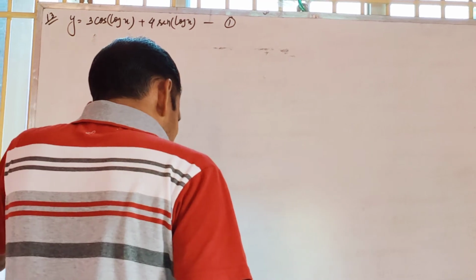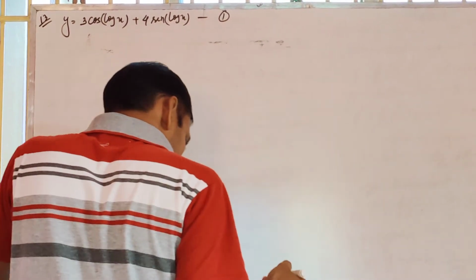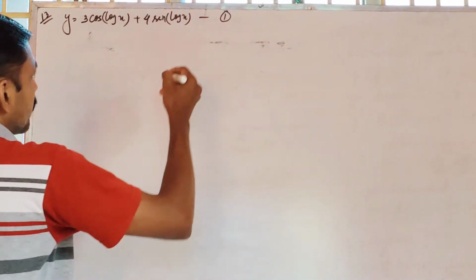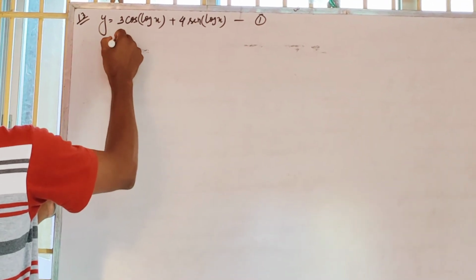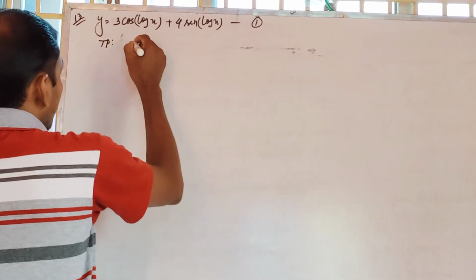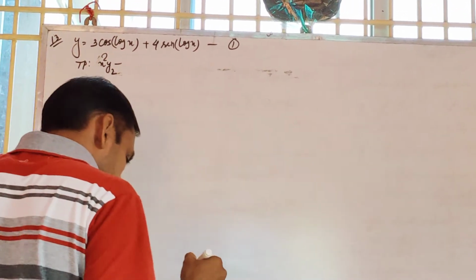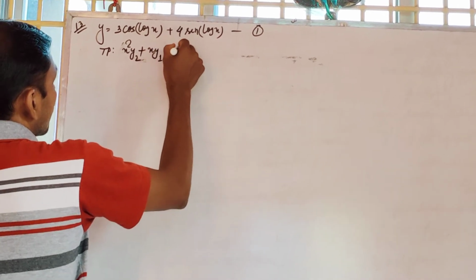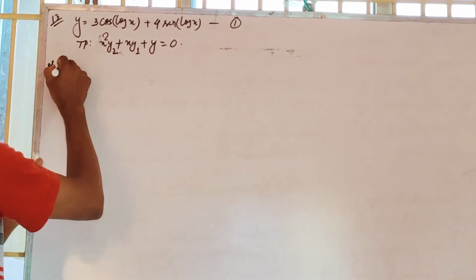Then we have to prove that x square y2 plus x y1 plus y equal to 0. So here we have to prove x square y2 plus x y1 plus y equal to 0. This you have to prove. So here the proof is like this.